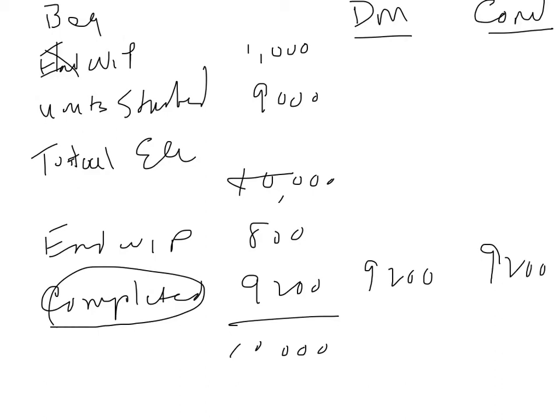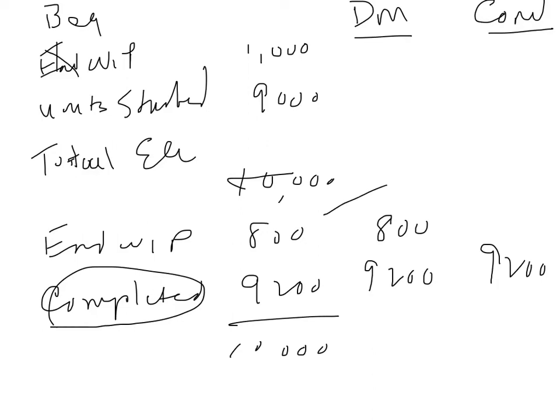Our ending WIP for direct materials is 100% completed, so as direct material equivalent units, it's 800 units. But we're told our ending WIP inventory for conversion costs is 50%.